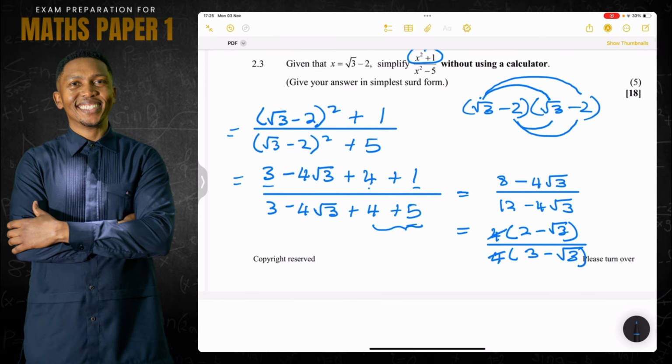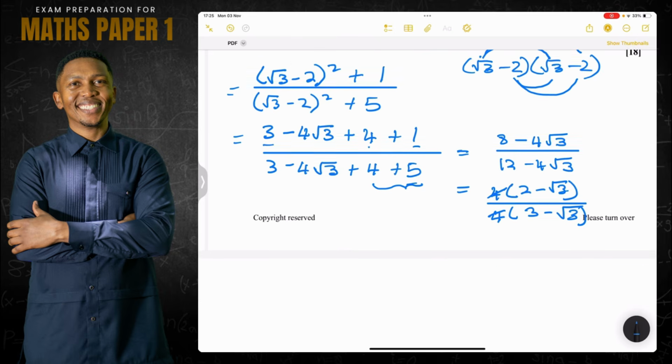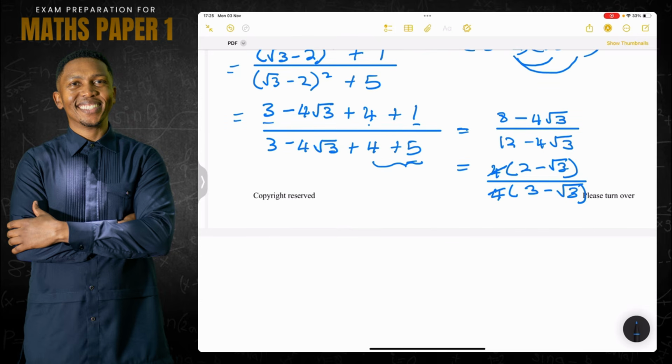All right, so if you want to leave it in the simplest surd form, we will need to rationalize that denominator. So you've got 2 minus square root of 3 divided by 3 minus root 3.